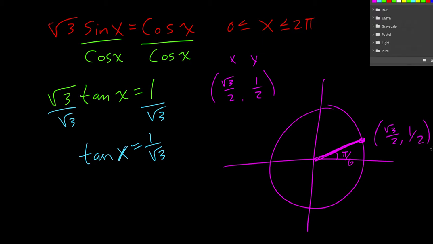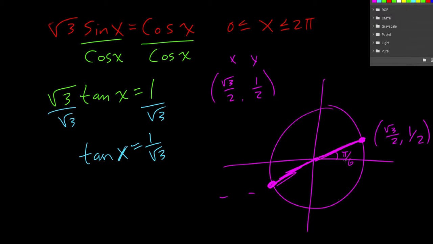Okay, and so we're going to get this point, but then also over here, because those are both positive, so that would give us a positive. And then over here, they're both negative, and so that will also give us a positive tangent, because negative divided by negative is positive. So these are 2 places that we're looking at. And then we simply just find those 2 angles.